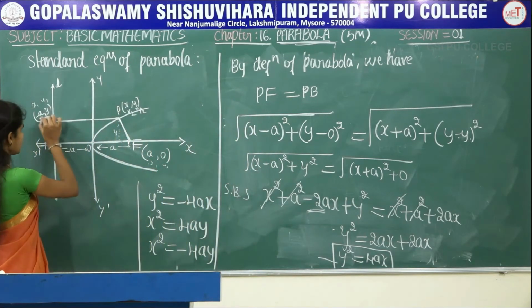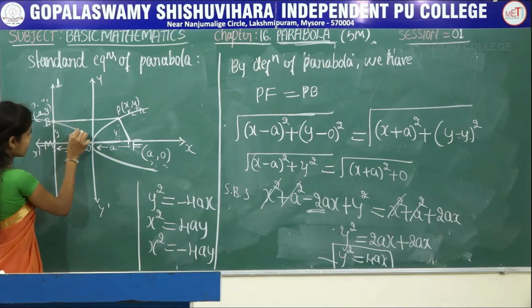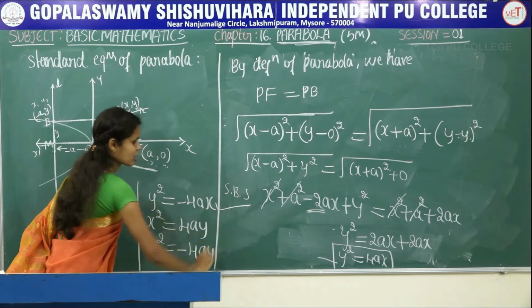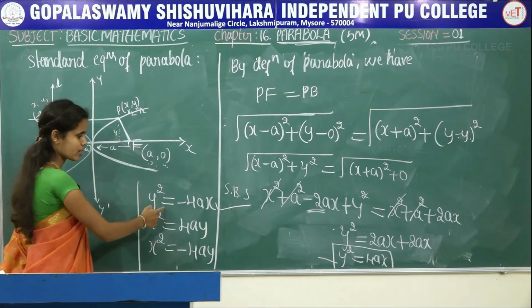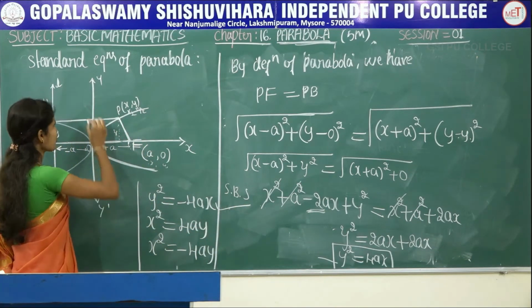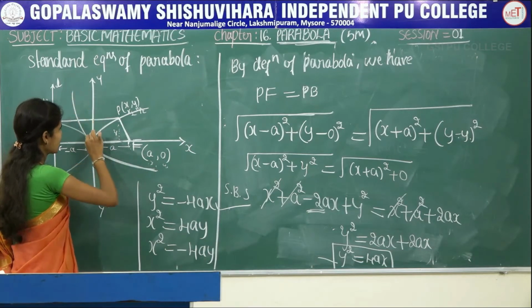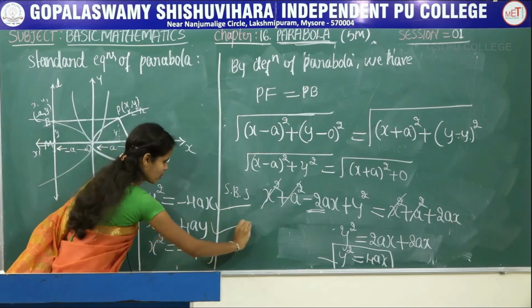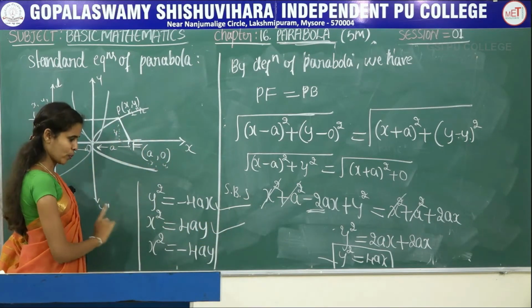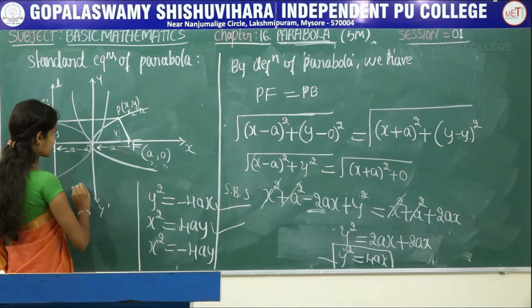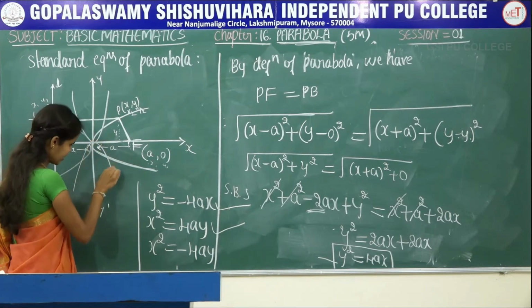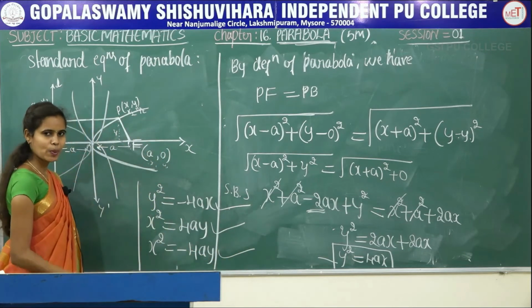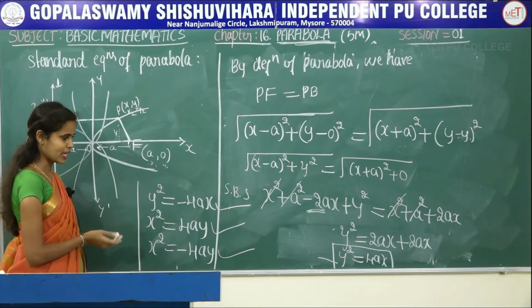Similarly, if the parabola is symmetric with respect to the negative x-axis, then the equation is y square is equal to minus 4ax. If the parabola is symmetric with respect to the positive y-axis, then the equation is x square is equal to 4ay. Or if the parabola is symmetric with respect to the negative y-axis, then the equation is x square is equal to minus 4ay.